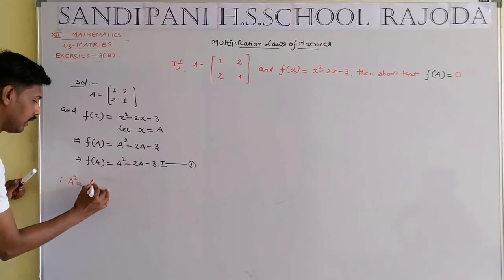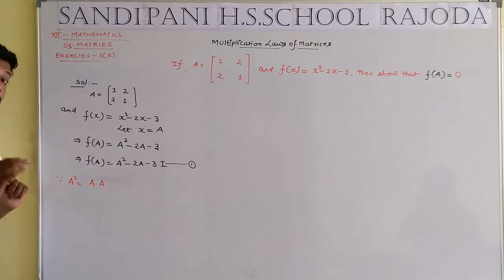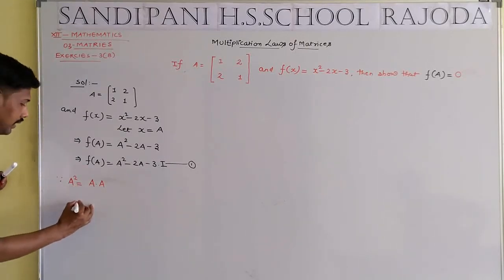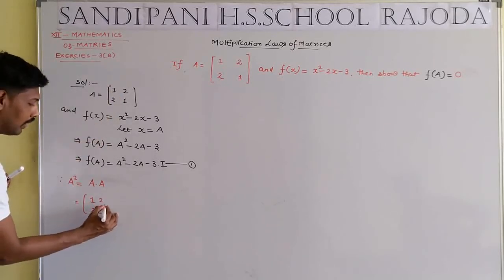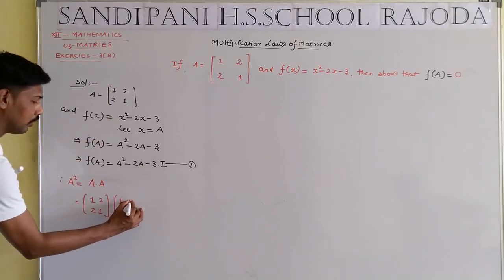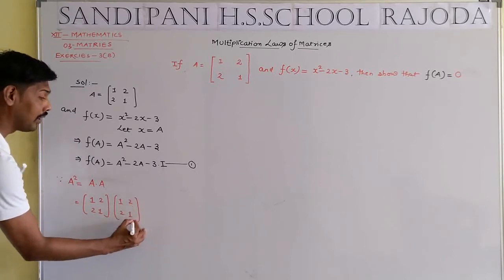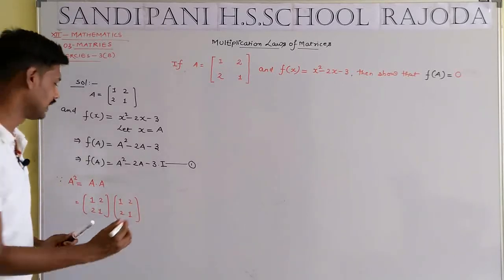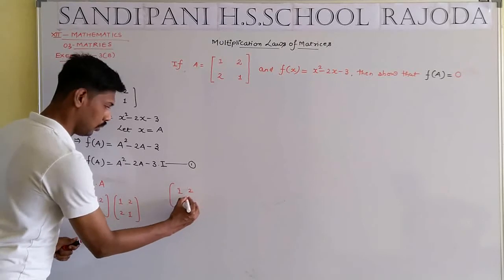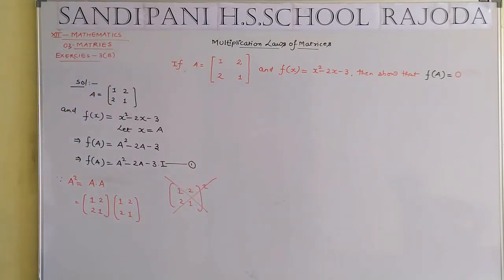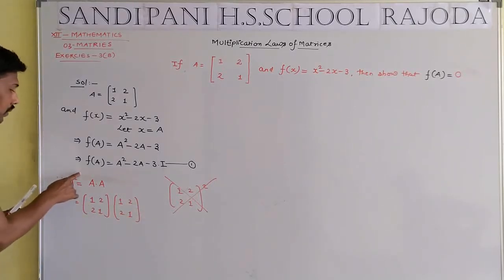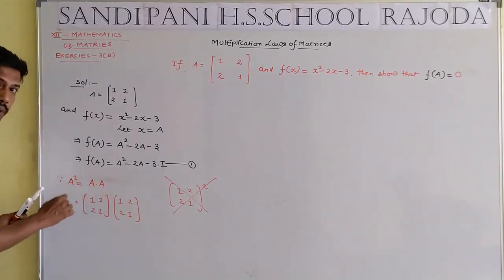A square will be equal to A dot A, that means the matrix [1 2; 2 1] dot [1 2; 2 1]. We cannot write A square just like [1 2; 2 1] whole square. That is not a proper method in matrices.